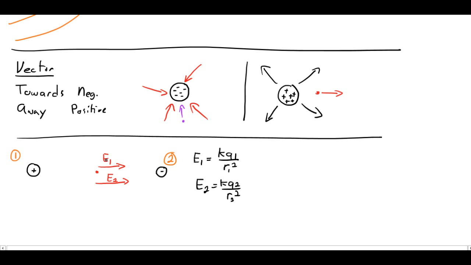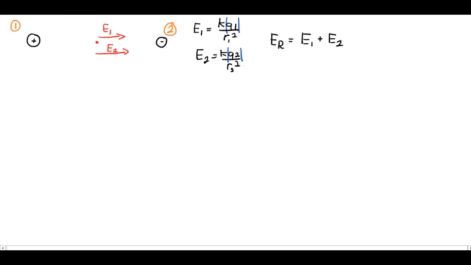So this will give us the magnitude of E1 and E2, and then because of the vector nature, we can say that our resultant electric field will just be E1 plus E2. And again, I'll point out that it's very important that we use the absolute value of our charges and then afterwards determine our direction.